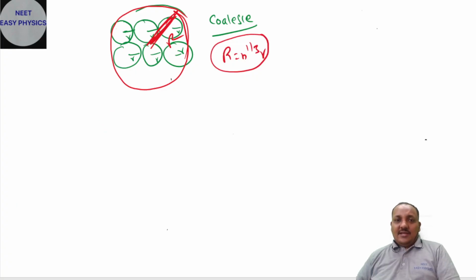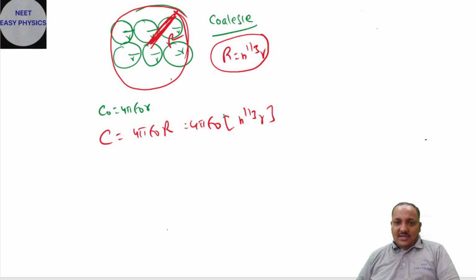What is the capacitance of the smaller capacitor? C naught is equal to 4 pi epsilon naught r. What is the capacitance of the bigger capacitor? C is equal to 4 pi epsilon naught capital R. So 4 pi epsilon naught, in place of capital R, what we can write? N power 1 by 3 r. Therefore, in place of 4 pi epsilon naught r, what we can write? C naught.